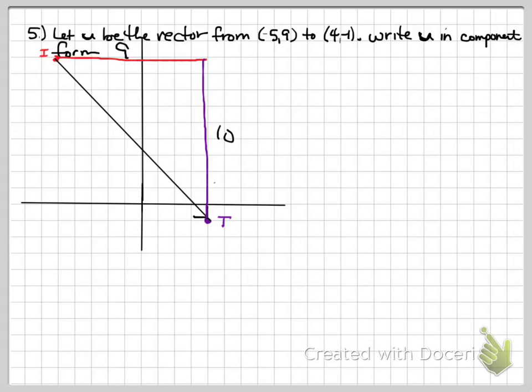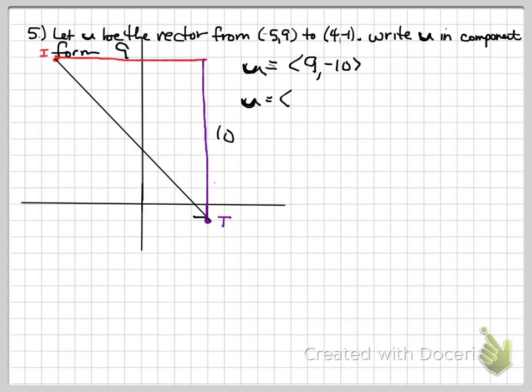And so I could write this in component form as I'm going horizontally to the right, so that's positive, and 10 down, so that would be a negative. Okay? But what if I didn't want to have to draw a graph? Here's what I would do. I can do it algebraically.